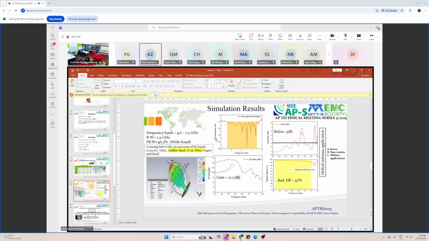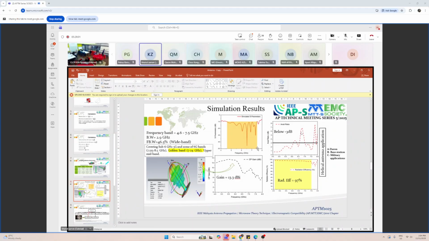As we can see here from the S parameter, below minus 10 dB, covering the band from 4.6 to 7.5, which means this helical antenna can be used for covering some of the sub-6 5G frequency band and some of the 6G, starting from 7 to 24 gigahertz.